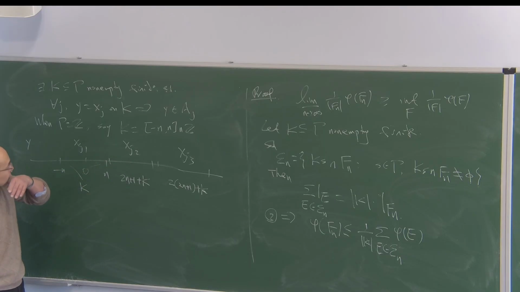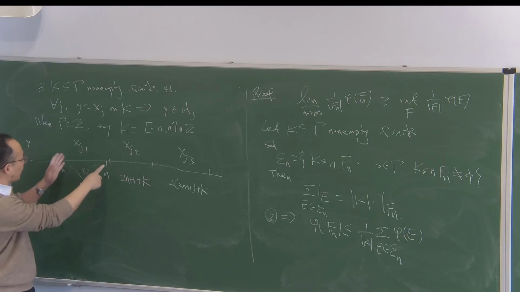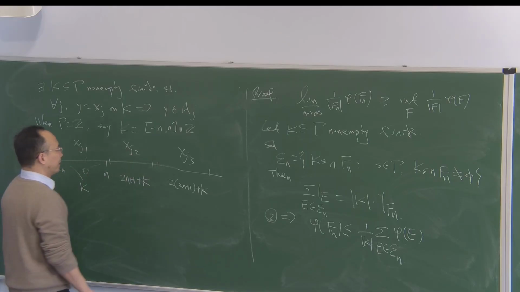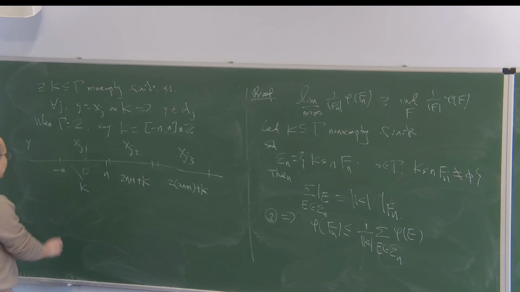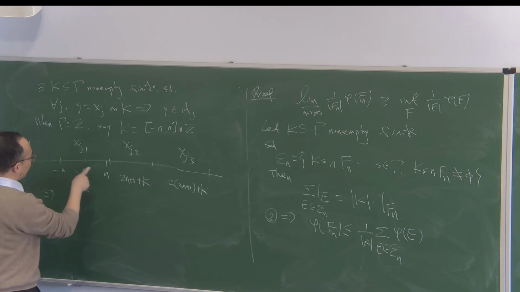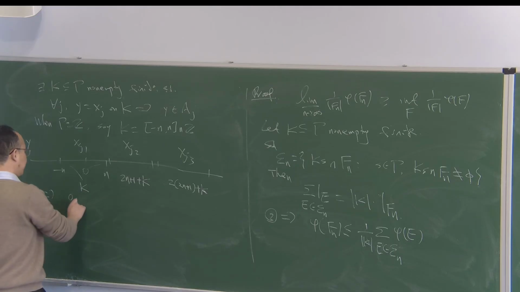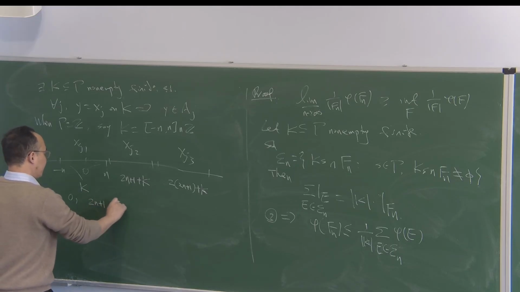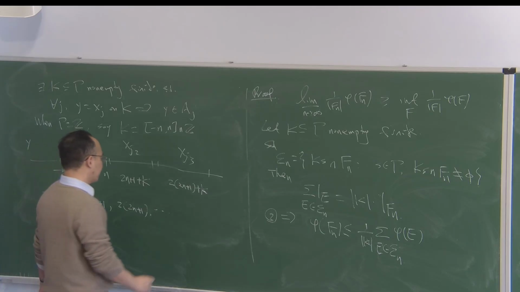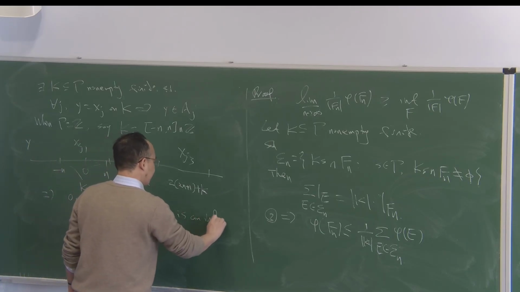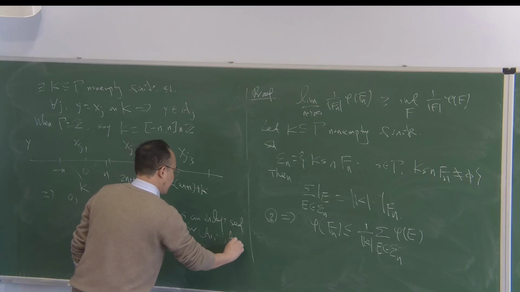You shift it, and you need to take y on this part to be the same as xj restricted to the original K. Then this guarantees that the set 0, 2n plus 1, 2 times 2n plus 1, going on, is actually an independent set for A1 until Ak.